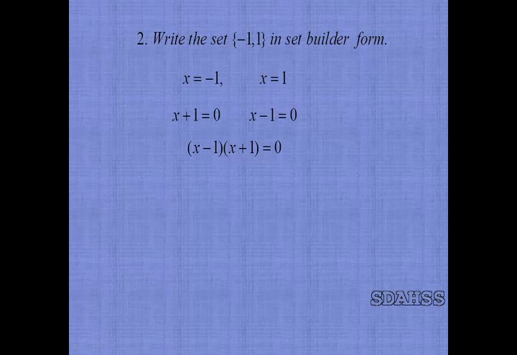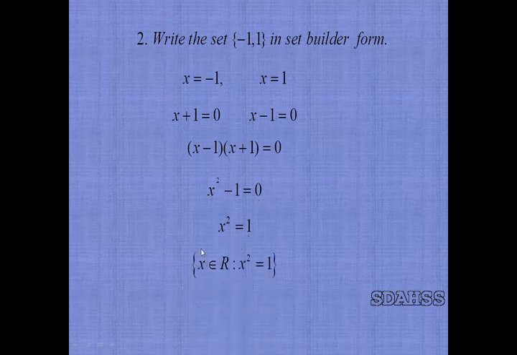So x minus 1 into x plus 1 we can write as x square minus 1 square. So we can write x square minus 1 equal to 0. You bring this minus 1 to the other side, it becomes positive. So you have x square equal to 1. Now the set of all x belongs to R such that x square equal to 1.